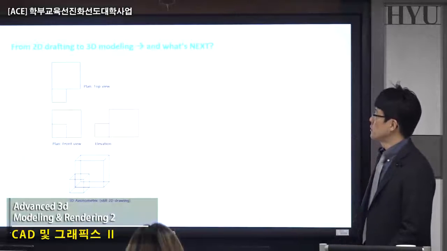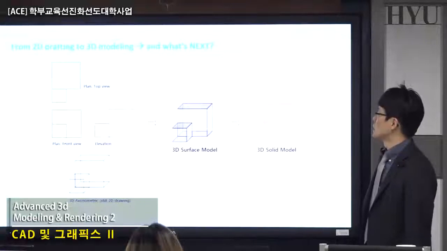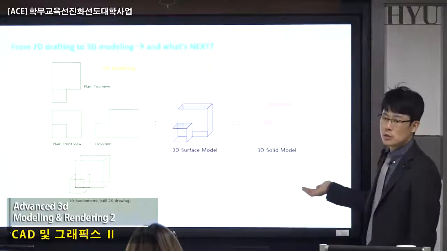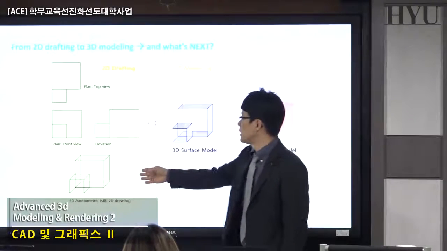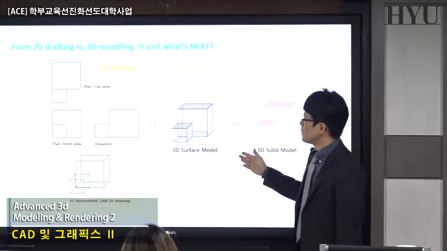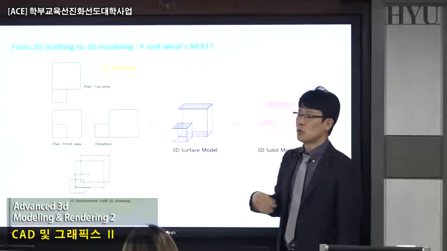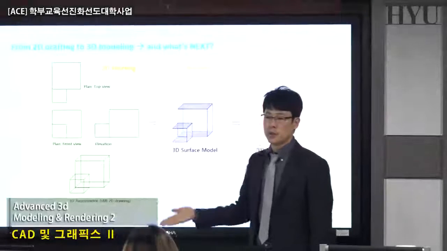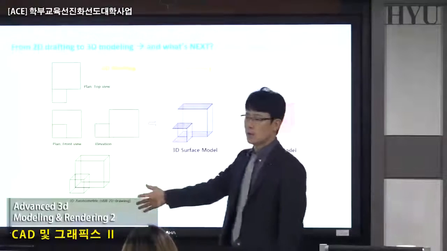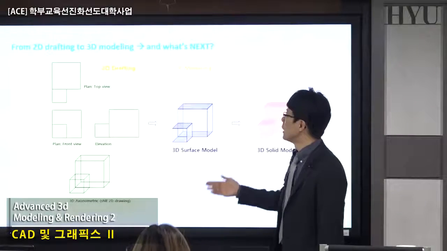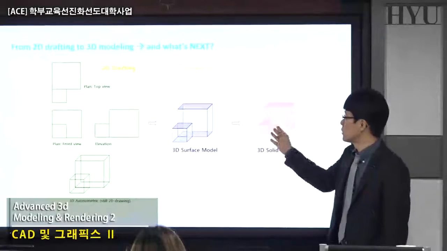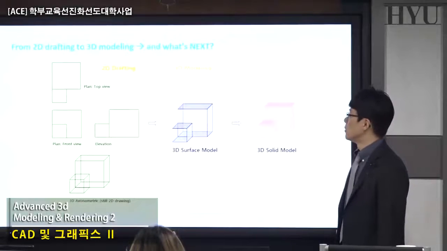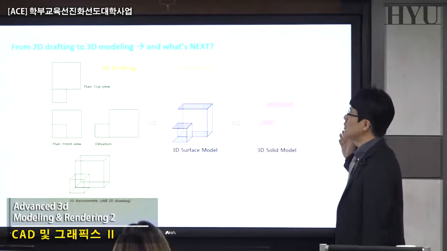From 2D drafting to 3D modeling, and what's next? That was the topic of last week. And here, 2D drafting, 3D modeling. Usually we can simply say there was 2D, or there is still 2D and 3D, but actually 3D surface model, 3D solid model, they are totally different, even in 3D modeling issues, and some more issues.